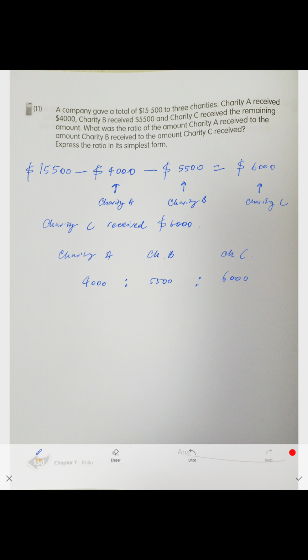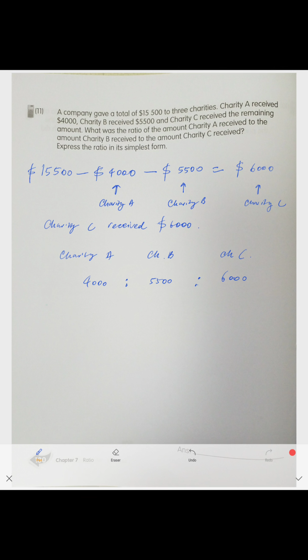How can you simplify it? Well, if you think about it, you can divide all of them by 500. Right? You divide this by 500, you're gonna get 8. You divide this by 500, and you're gonna get 11. And you divide this by 500, and you're gonna get 12.